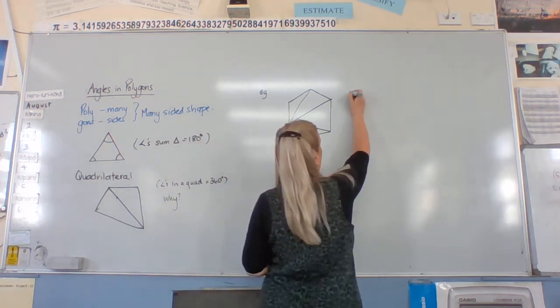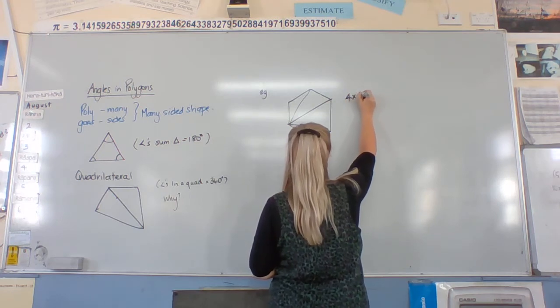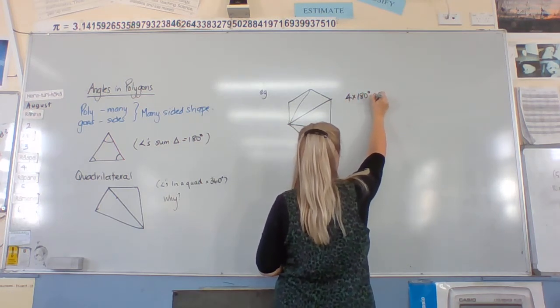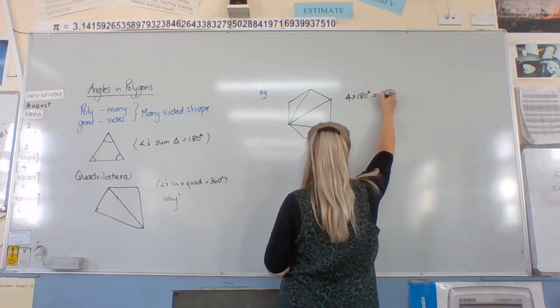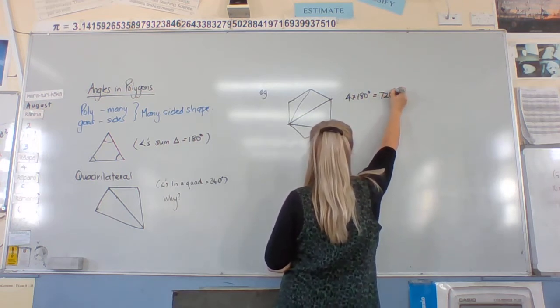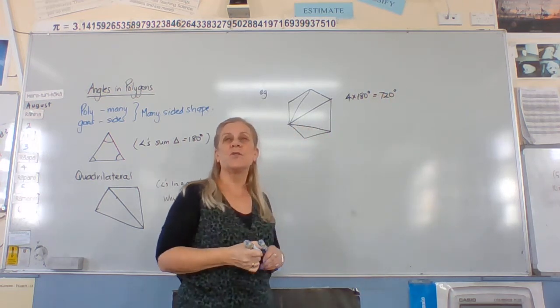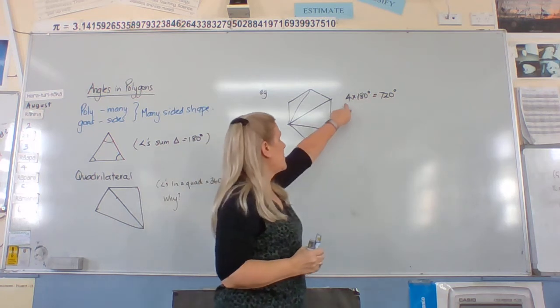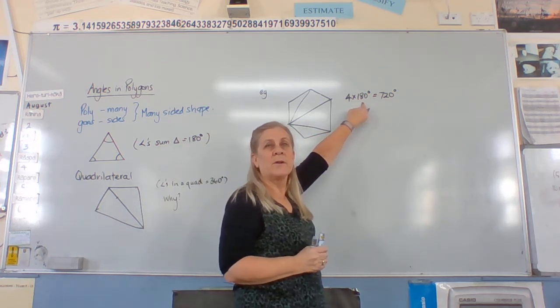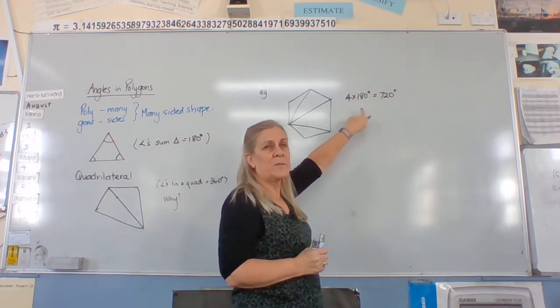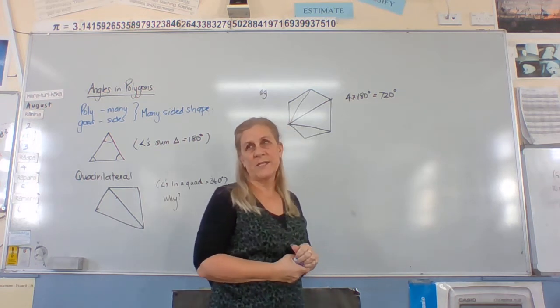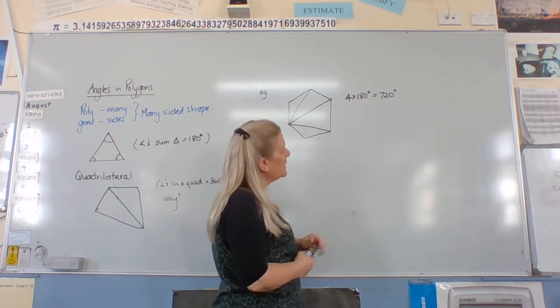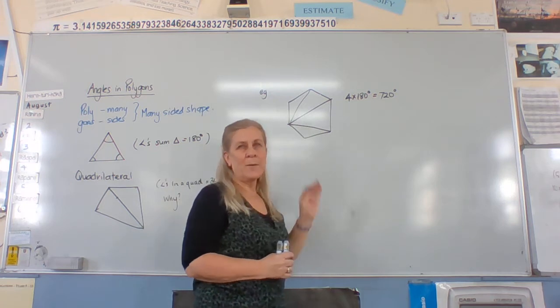Okay, so 4 times 180 equals 2 times 360 equals 720. So that's using the rule of a half and double. Half that number, double that number, all right? And then half that number, double that number. That's how I got to 720 without using a calculator. So the angle sum of this shape, what's the shape?